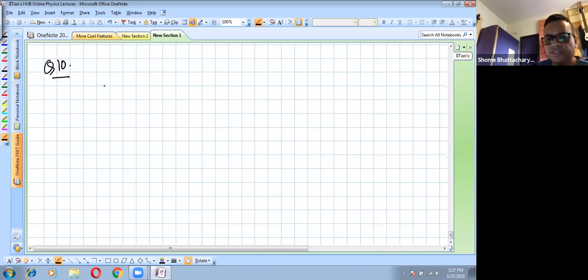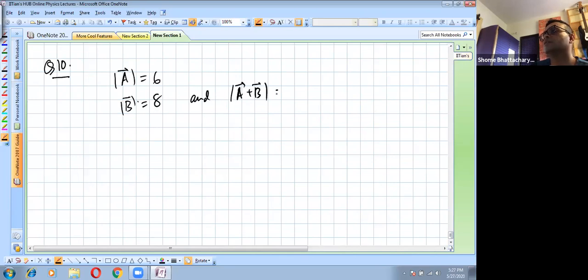Question 10 is something like this: the resultant sum of two displacement vectors of magnitude 6 and 8 respectively is 10, then their dot product is how much? So mod A is equal to 6, mod B is equal to 8, and mod of A plus B is equal to 10.